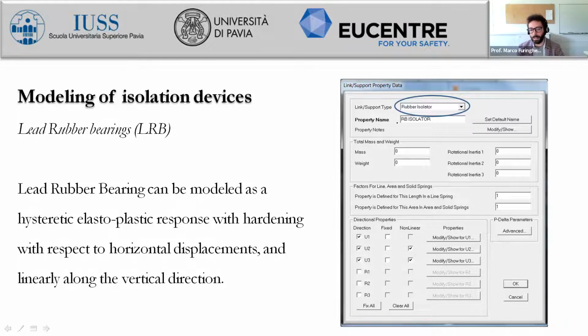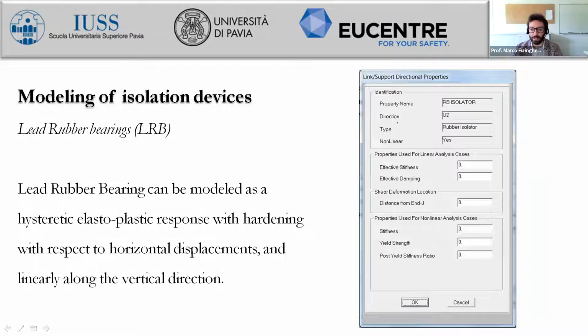Remember that we have local axes exactly like frame elements, so direction 1 is related to the axis of the link, whereas for the shear directions U2 and U3, we have this definition.